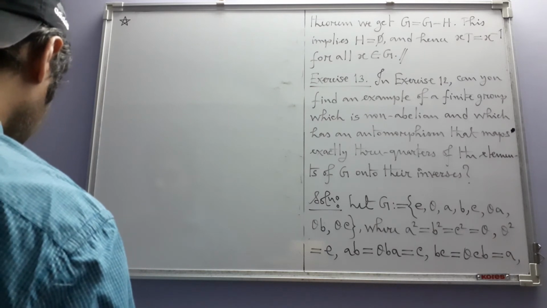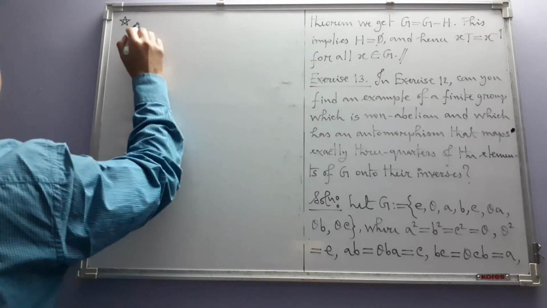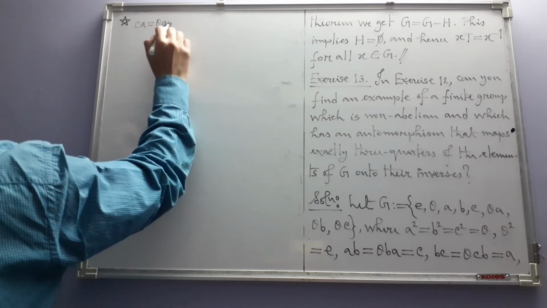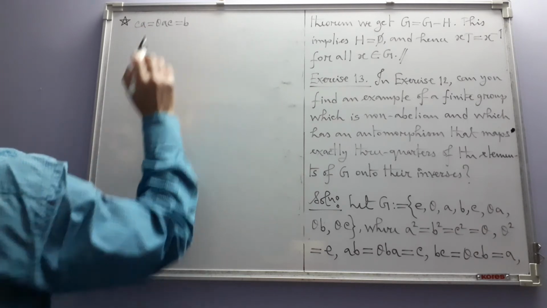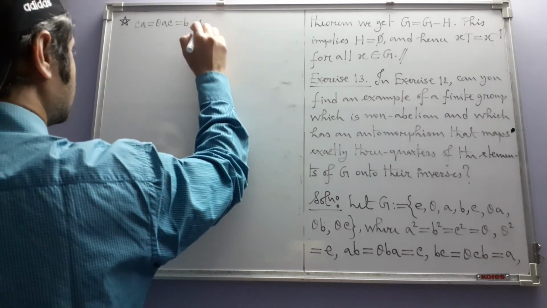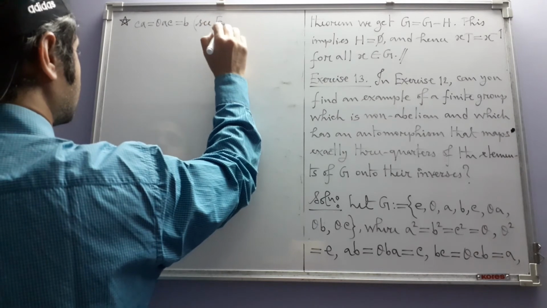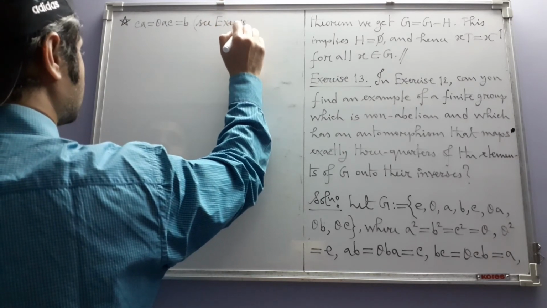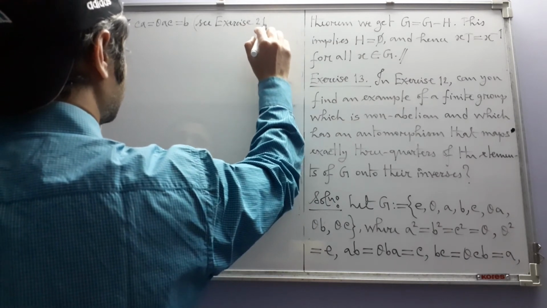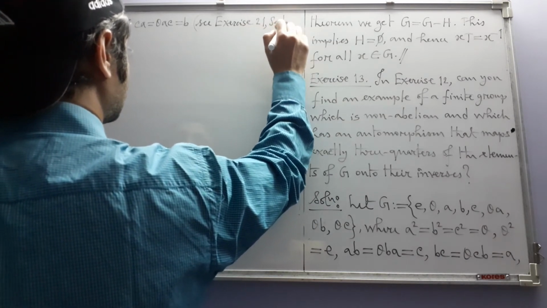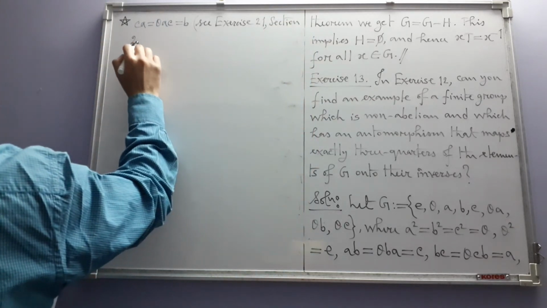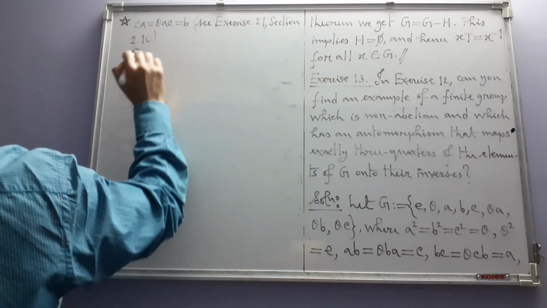Theta CB is A and CA is equal to theta AC is equal to D, and for this see exercise 21 of the 10th section of this chapter.